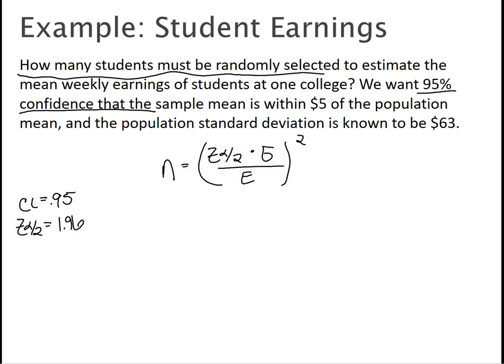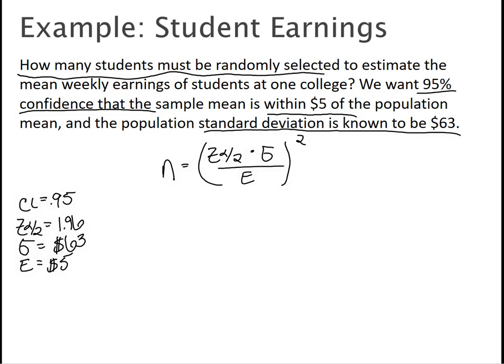Again, you would just look at your formula chart because it has that 95% confidence level z-score already written for you. After we have that, we need our sigma. My problem says that the population standard deviation is known to be $63. And then we need E. The problem states that we want the sample mean to be within $5 of the population mean, so E is going to be $5.